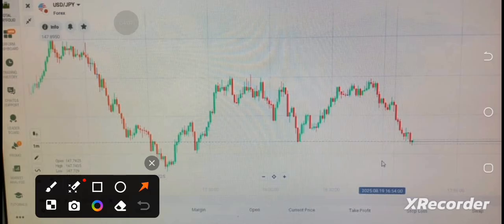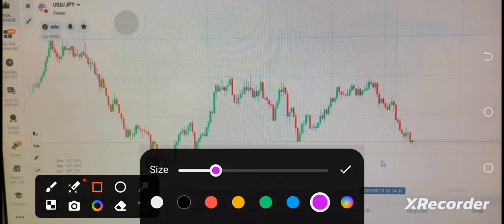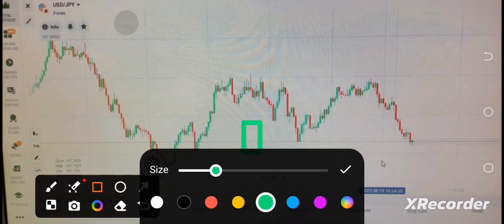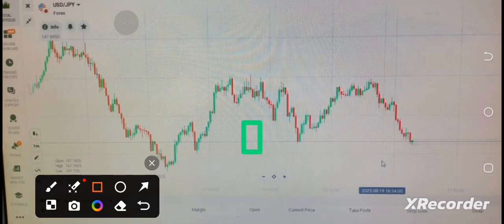the demand zone is simply telling you that, let's say this is a bullish candlestick, okay, followed by a bearish candlestick. Let's say you have some wick above these candles.